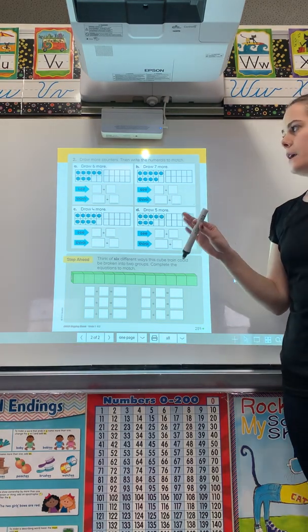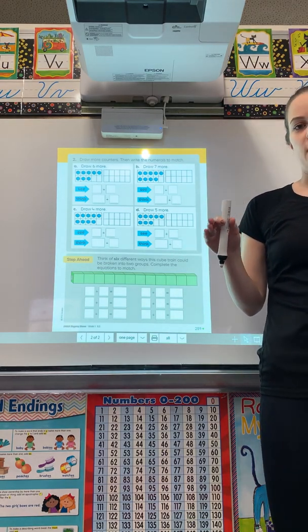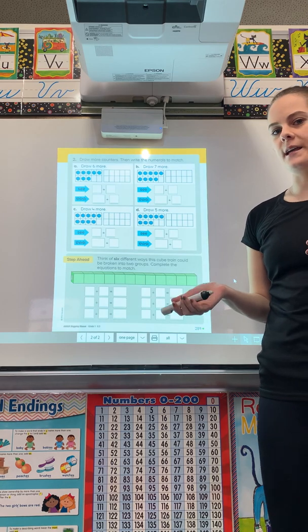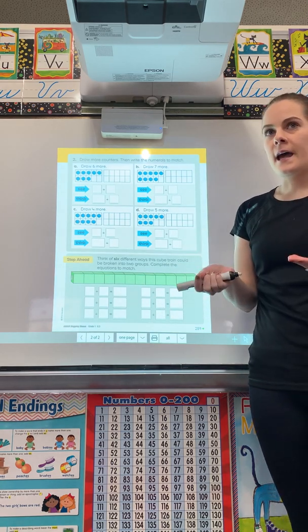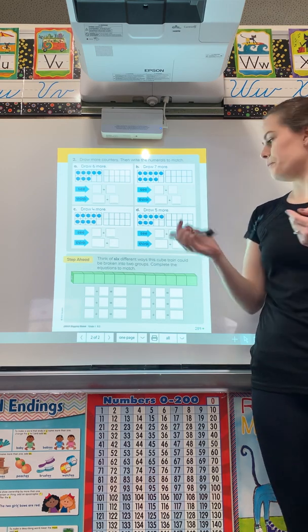The next page wants you to do the same exact thing, but you're doing it by looking at what they give you on the page and making it into a tens frame. Instead of using what they gave you for an example, we have to think about it ourselves.